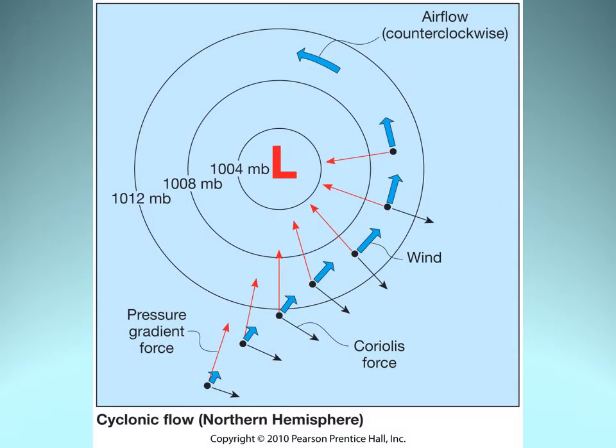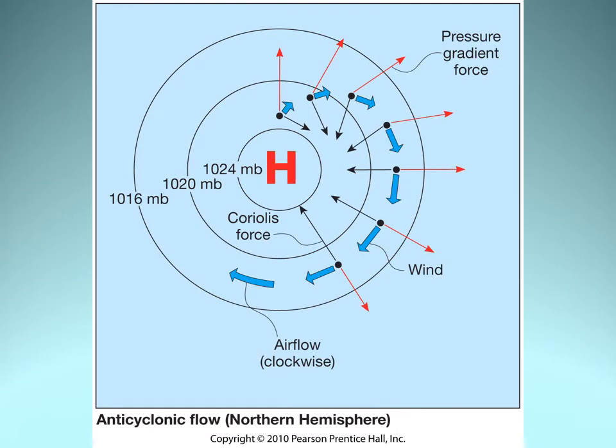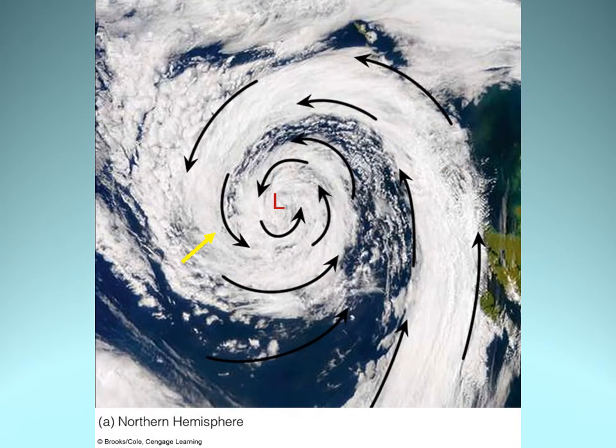This is just a zoomed in version if you want to take a look at those force arrows between pressure gradient and Coriolis. Same thing for the high. Now, if we're looking at clouds on a satellite image, we can pretty easily tell where our low pressure systems are.